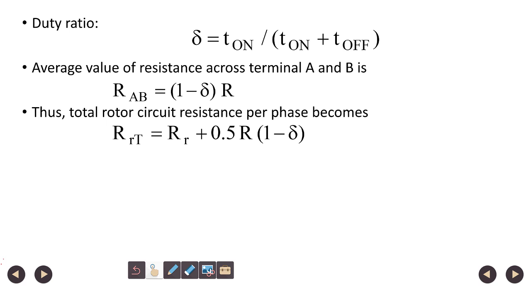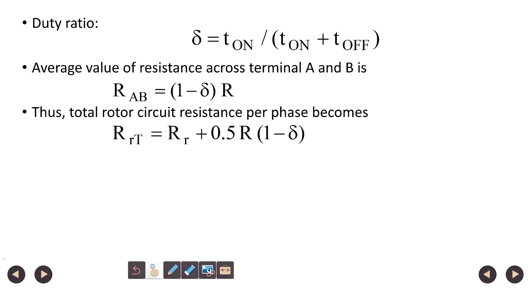The duty ratio of the chopper is T_on divided by T_on plus T_off.